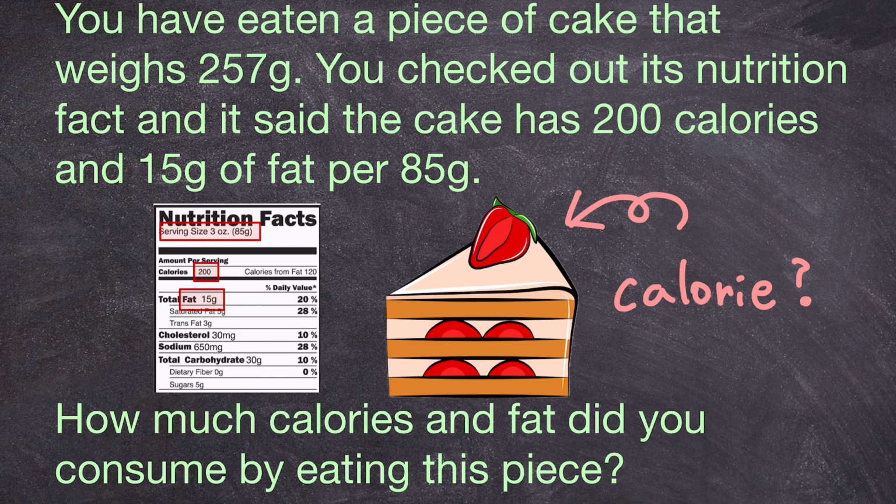This incident, which occurs very often in my life, inspired me to come up with today's problem. Nutrition labels on the back of food containers are often very misleading because they give you nutrition facts based on serving sizes that are very unrealistic. For example, this label is based on a serving size of 3 ounces or 85 grams.